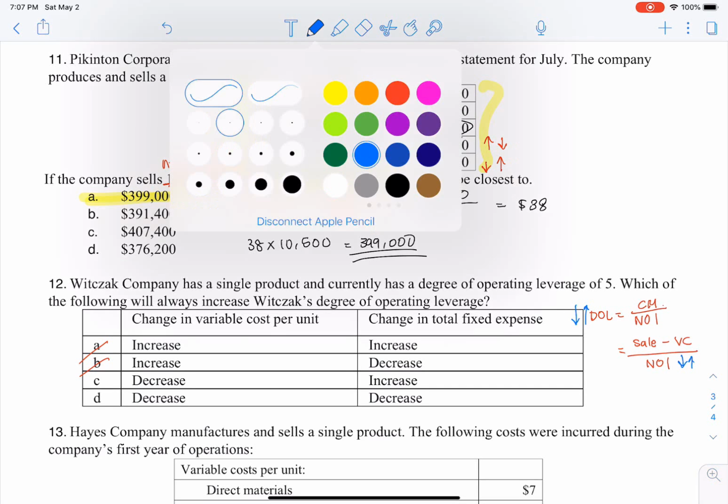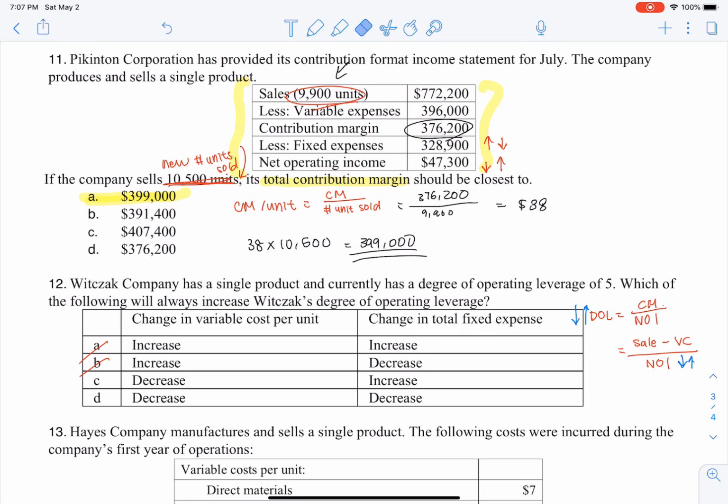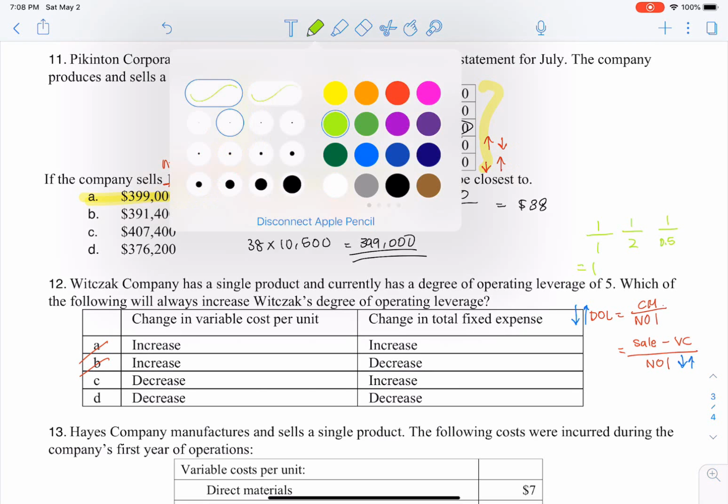Let's try with the number 2. For example, the contribution margin is going to be 1 again, and net operating income, this one's the original one, so it's still 1. So let's change it. Once the net operating income increases, and this one's net operating income decreases. Let me write it down so you can see.